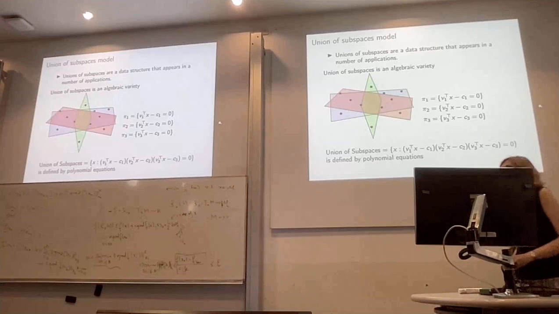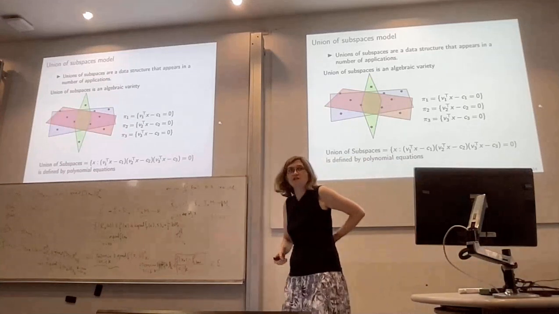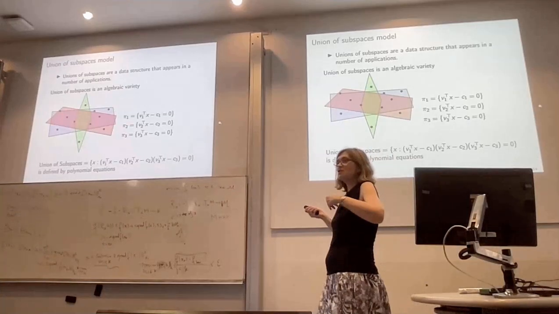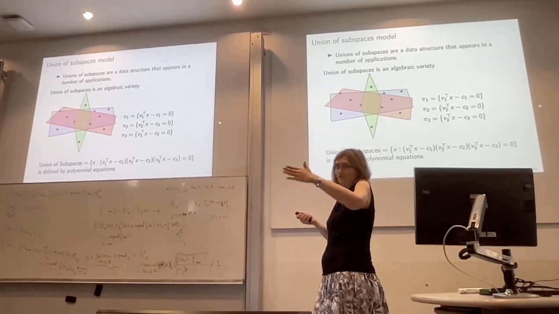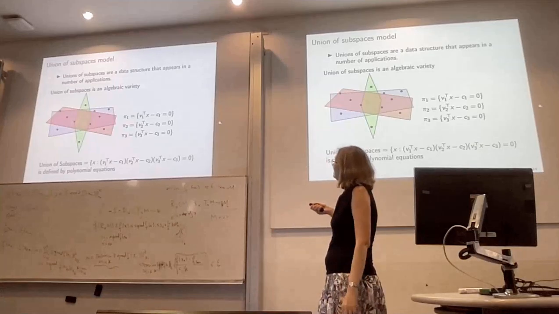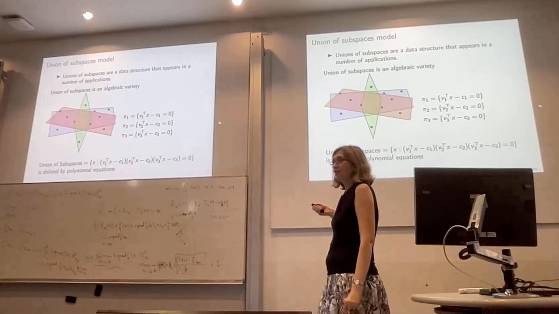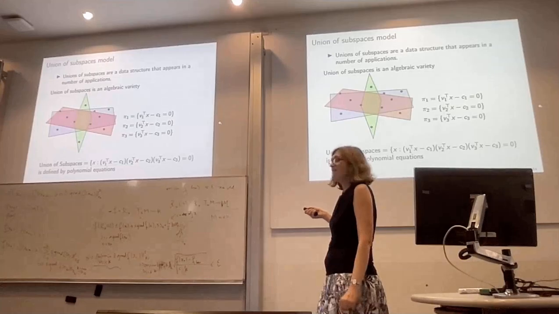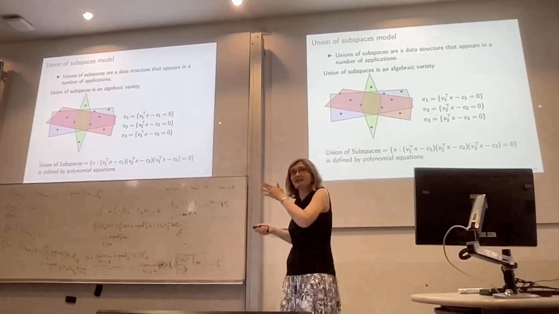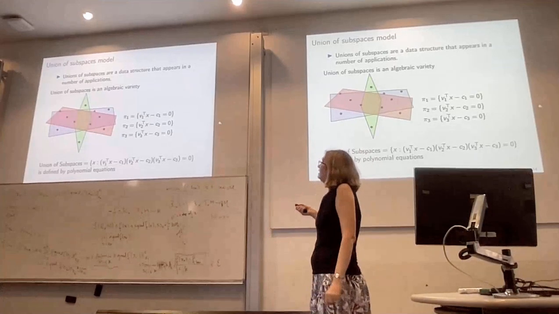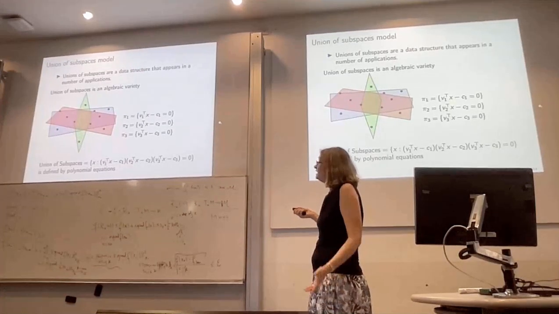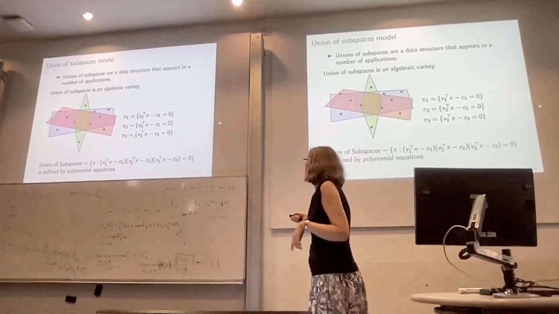The simplest case of that is the union of subspaces model. In this case, I only have zero order monomials and first order monomials, and I have a bunch of subspaces. What I'm saying is that I know that my points, the columns of my matrix X or M, lie in the union of these subspaces, not the intersection, the union.